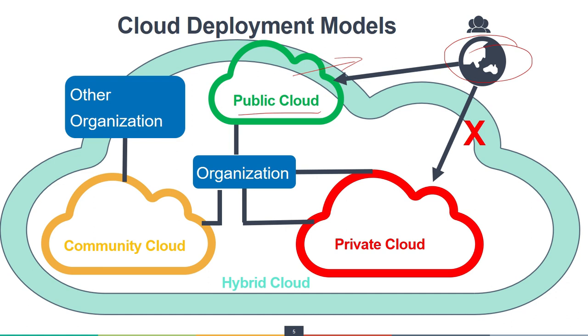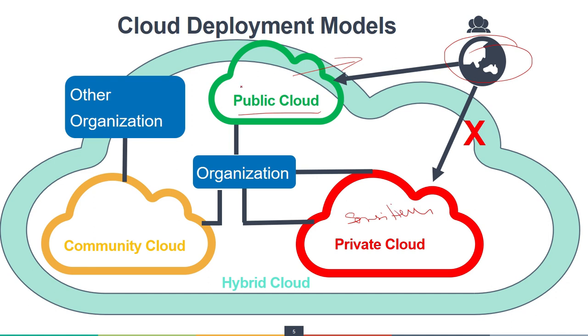When we talk about the private cloud, it means it cannot be accessible to anybody in the world. It is basically required to protect some kind of sensitive data, right?